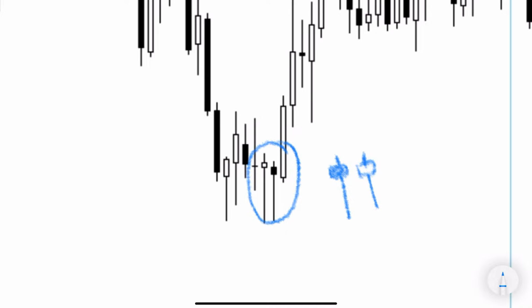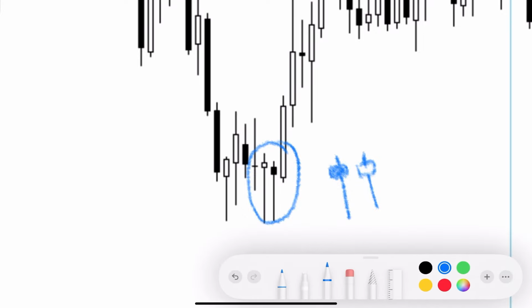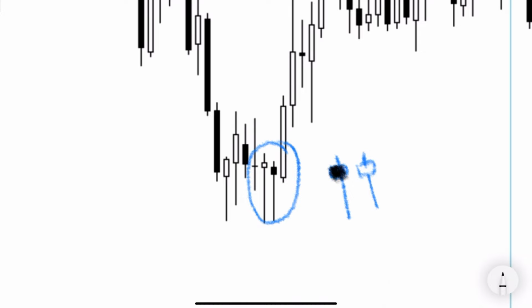This should have been the black candle instead, and this should have been a white. Then it could be a good tweezer top. Let me change the color. So if it was black, a filled bearish body, and they have to be identical to each other, it suggests that the price may return. If price was in downtrend, it can return to the uptrend.